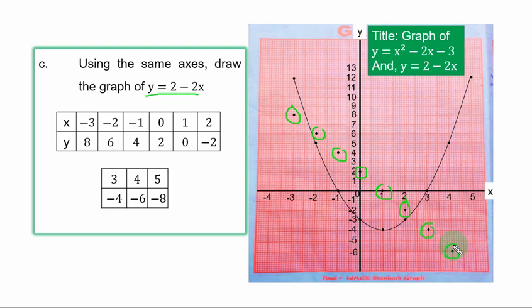Already the line has intersected with the curve from the way it is. Next thing is to join the points together, and the title is updated to reflect the linear graph.